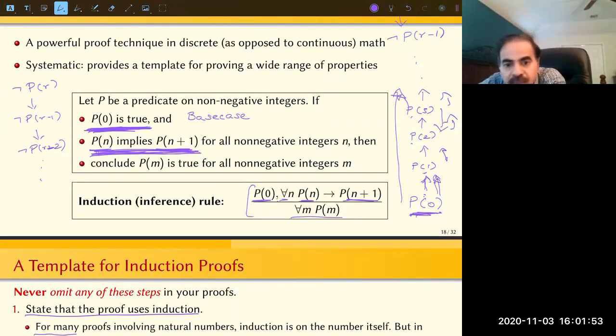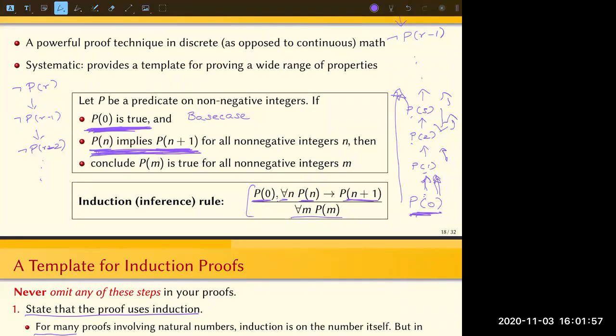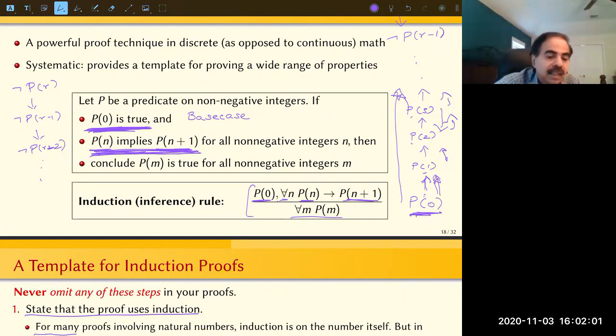So 0 is the foundation. We are able to make the assumption about P of n because we have climbed up to the nth floor already. All we need to show is that if we know how to build up to n floors, then we can build the next floor. That's all we need to show.